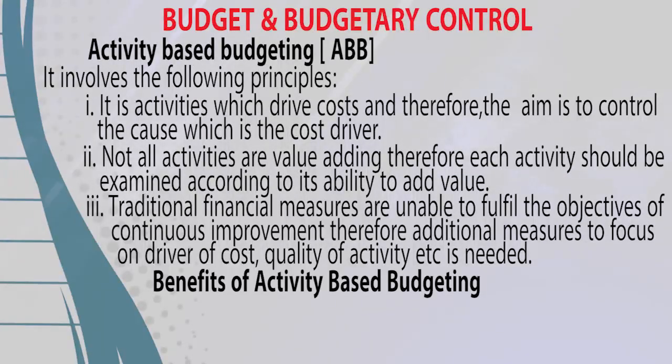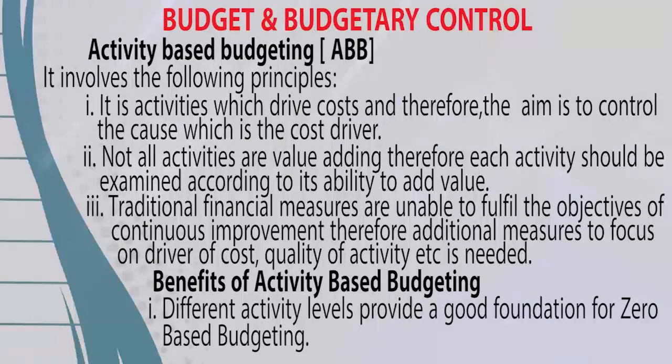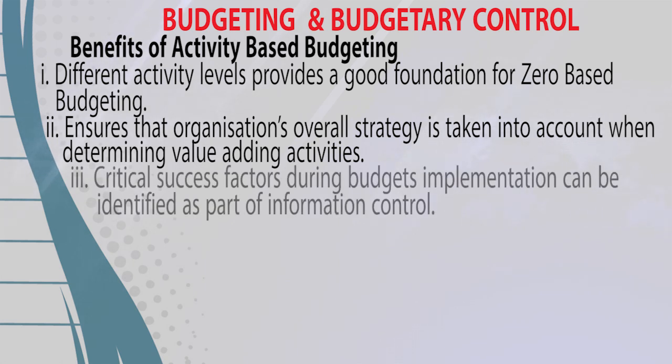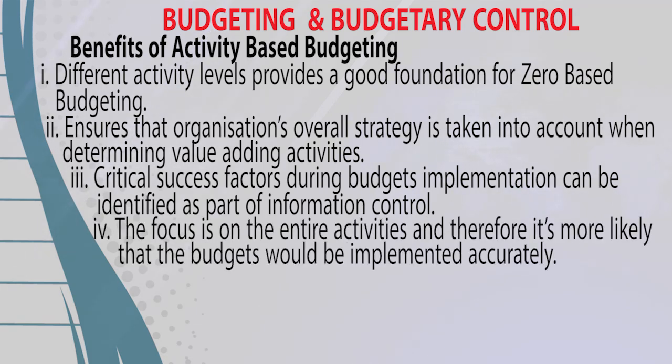The benefits of ABB: 1, different activity levels provide a good foundation for zero-based budgeting. 2, it ensures that the organization's overall strategy is taken into account when determining value adding activities. 3, the critical success factors during budget implementation can be identified as part of information control. 4, the focus is on the entire activities, and therefore it's more likely that the budgets would be implemented accurately.